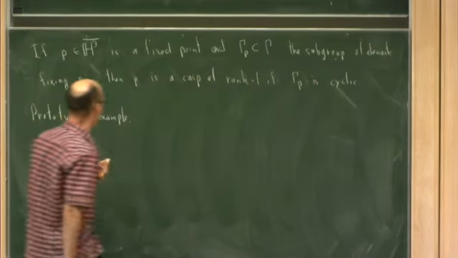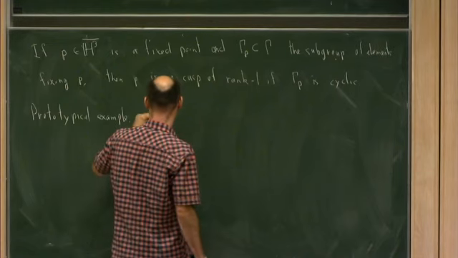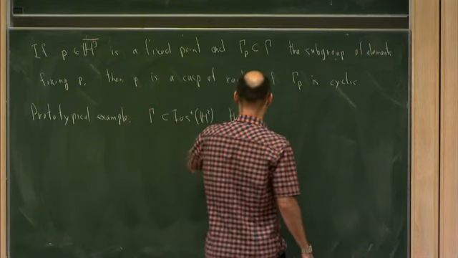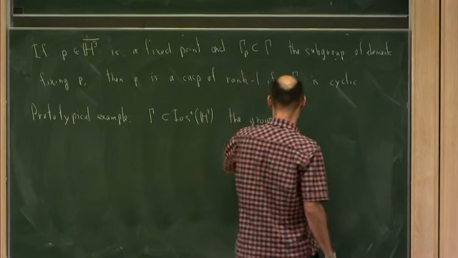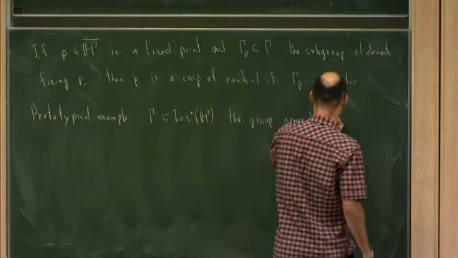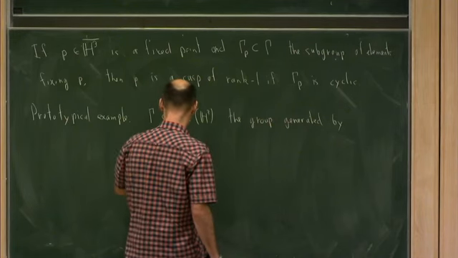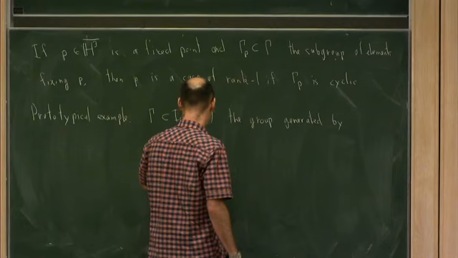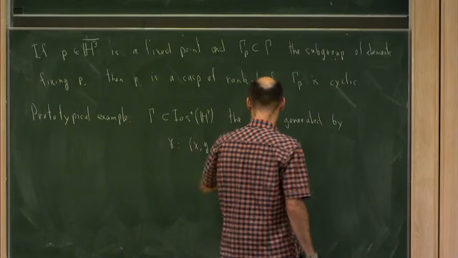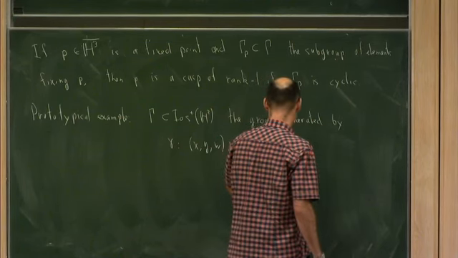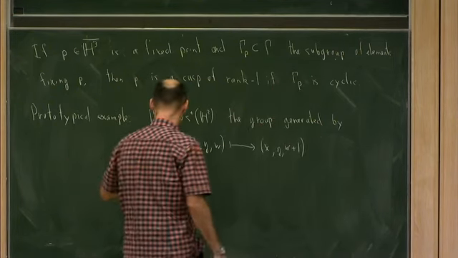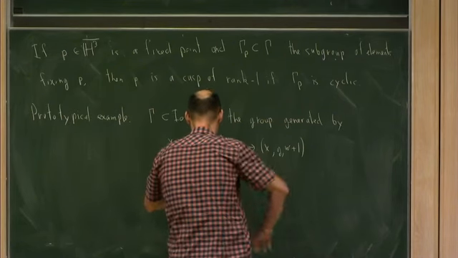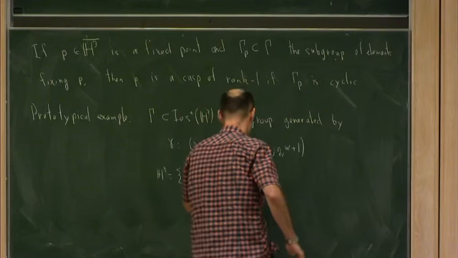So I take gamma to be the cyclic group generated by this element gamma, which in the upper half space model will map (x, y, w) to (x, y, w plus 1), where I identified H3 with (x, y, w) in R3 with x positive.